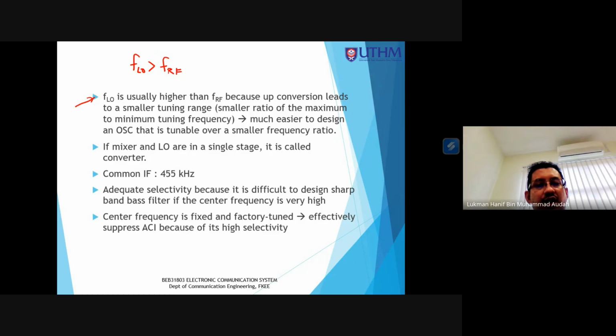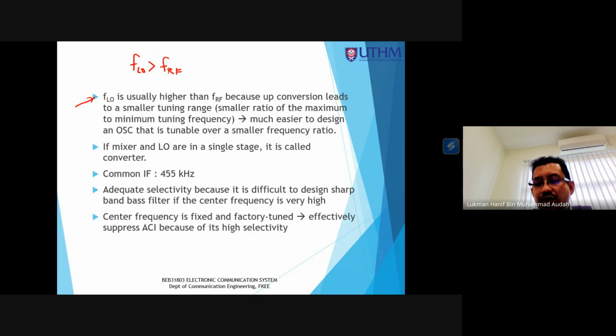So when we down convert the frequencies, it will be centered at 455 kilohertz.